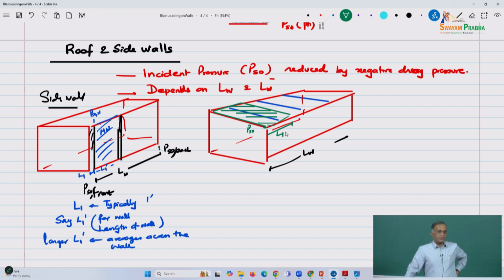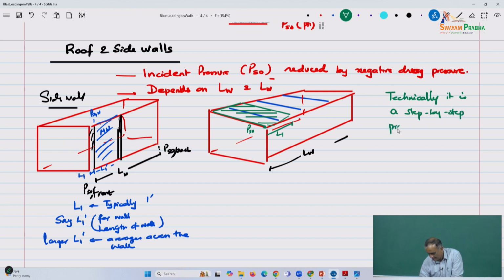So choices again, if you're designing the slab, you could perhaps take the first part of it and design the slab for that particular load. So these are some minor differences. Technically, you can say it is a step-by-step procedure for different locations on the wall and the roof.